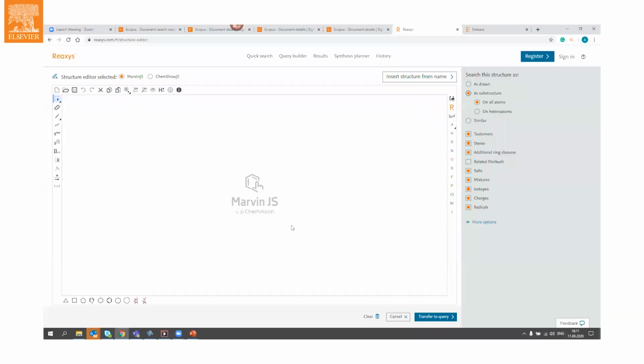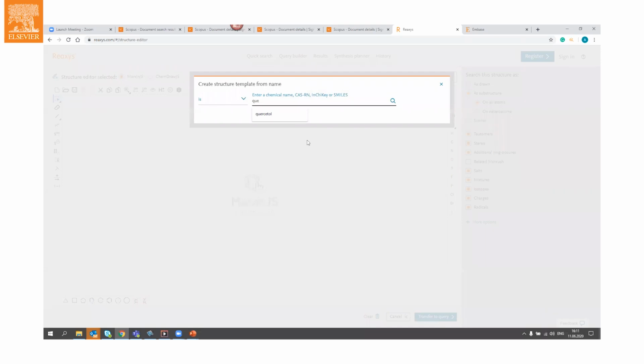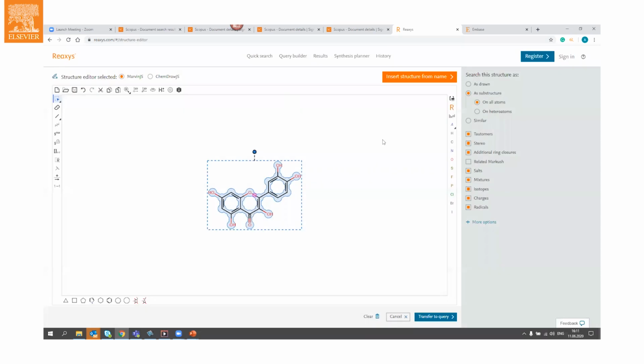And let's see how you can do it. Here we go. Let's remove some groups to search on the important part of the chemophore.